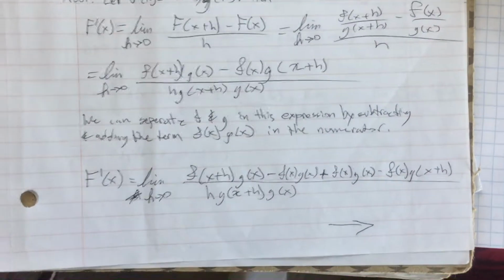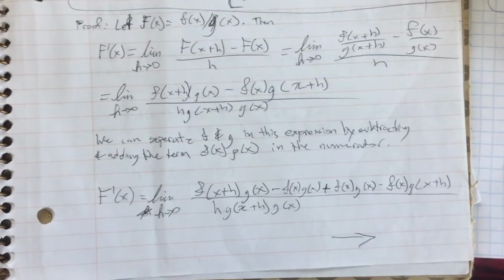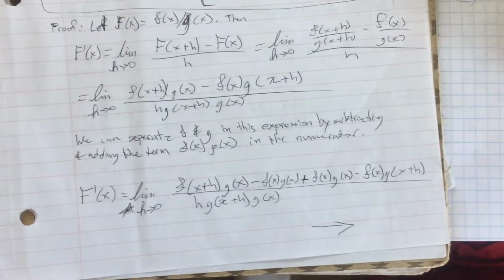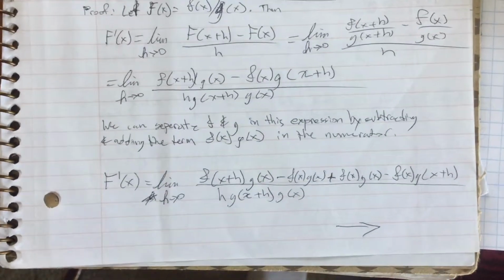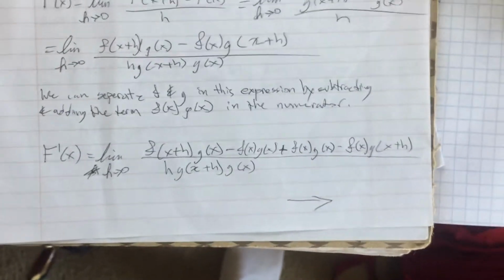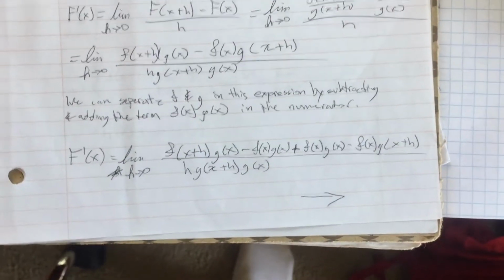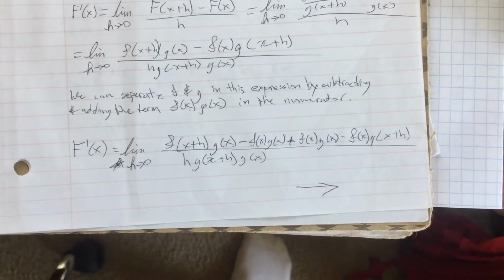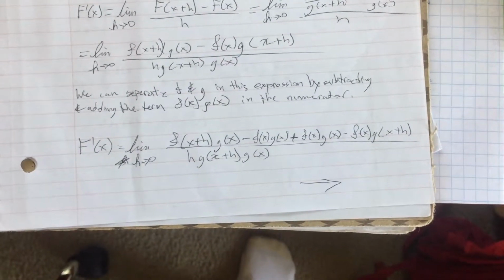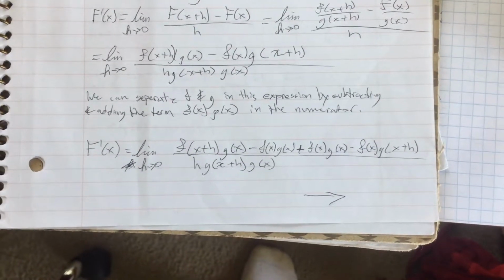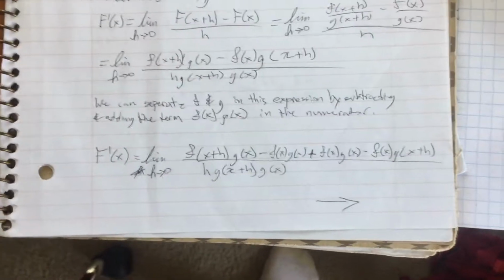So we can separate f and g in this expression by subtracting and adding the term f of x times g of x in the numerator. By doing so, we get F prime equals the limit of f of x plus h times g of x minus f of x times g of x plus f of x times g of x minus f of x times g of x plus h, all over h times g of x plus h times g of x.